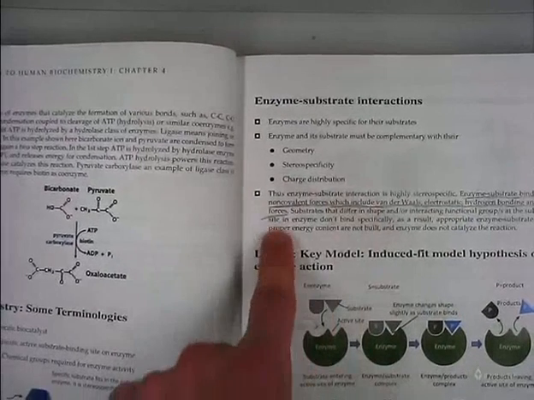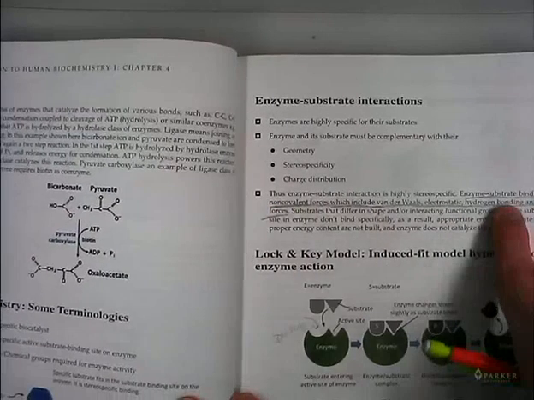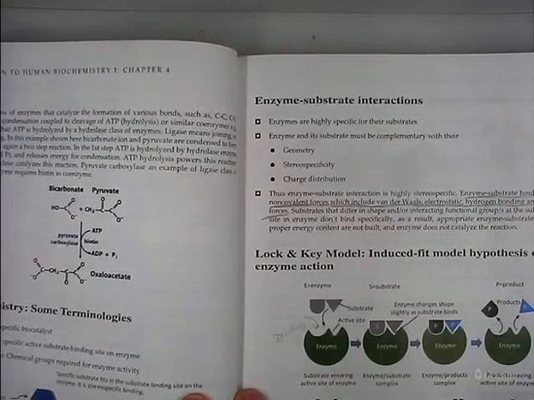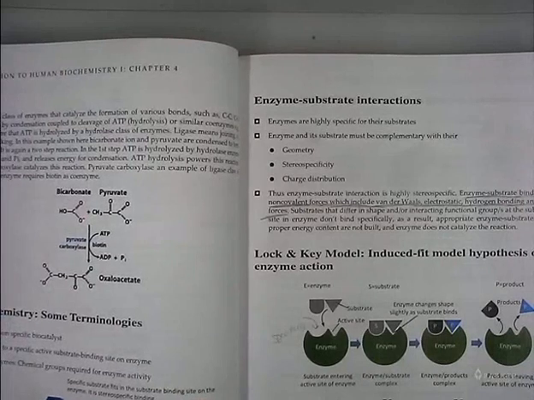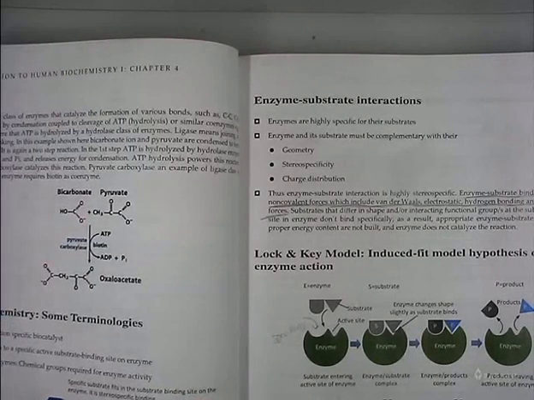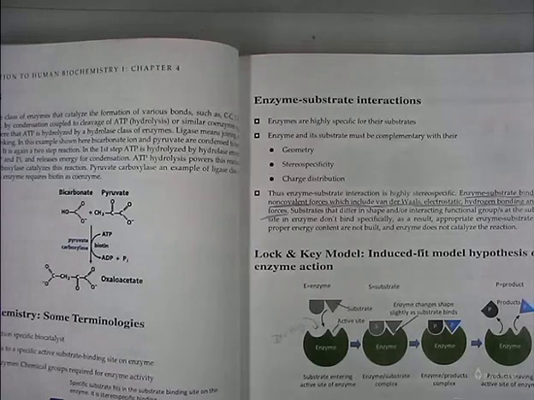Charge distribution is like the 2 plus has to match with the 2 minus, or a polarity on one part matches with the polarity on the other part of the enzyme. Just stick with the charge. The 2 plus has to mix with the 2 minus perfectly.